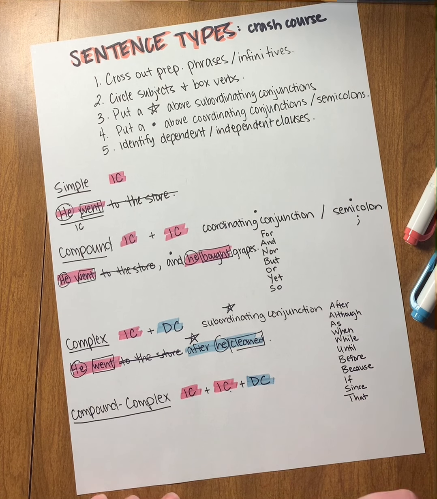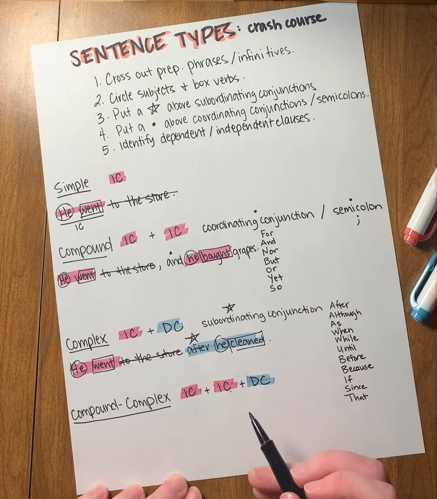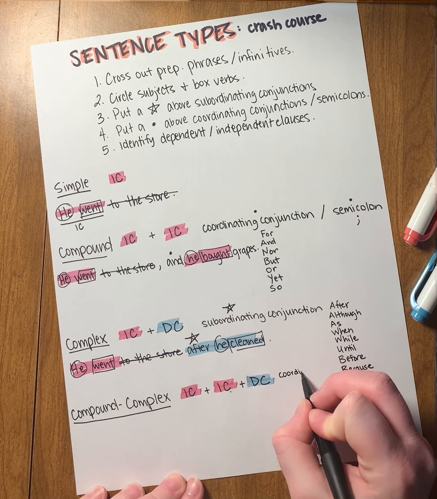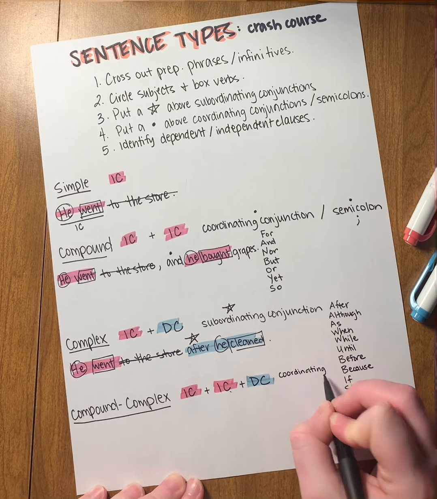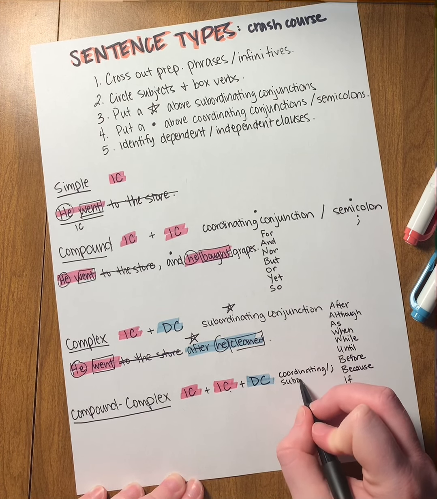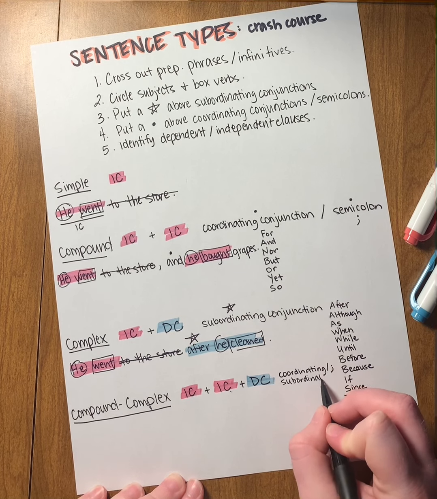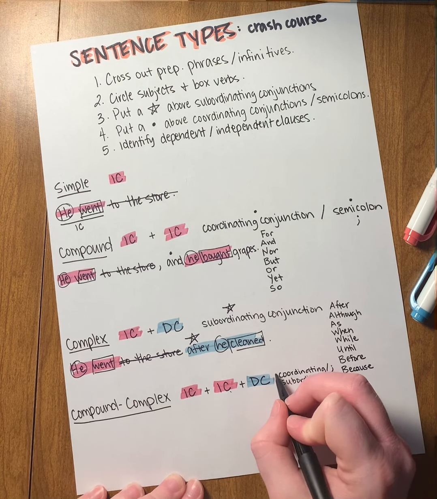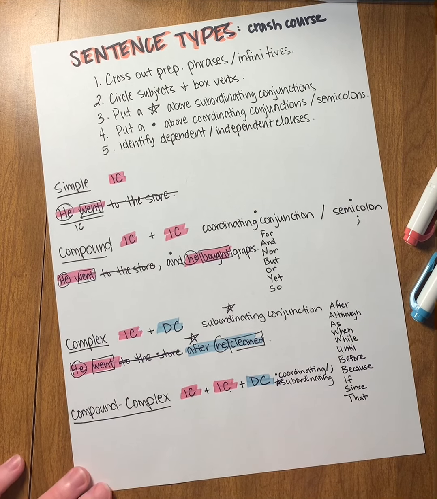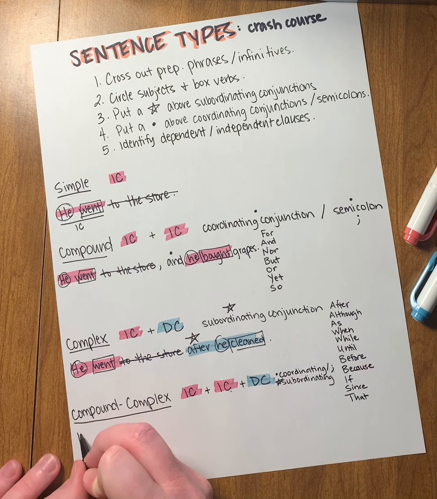Now for these, since we have two independent and one dependent, we're going to have a coordinating conjunction or a semicolon and a subordinating conjunction. So these will have both dots and stars, okay? So let's look at an example.